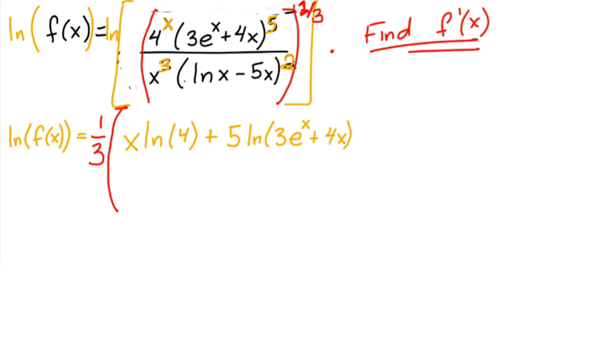Now these guys on the denominator are going to end up being negative, so minus 3 natural log of x. And then this one also on the denominator is going to end up being negative as well. So minus 2 natural log of, here you have to be careful, it's natural log of this whole thing. So natural log of x minus 5x.